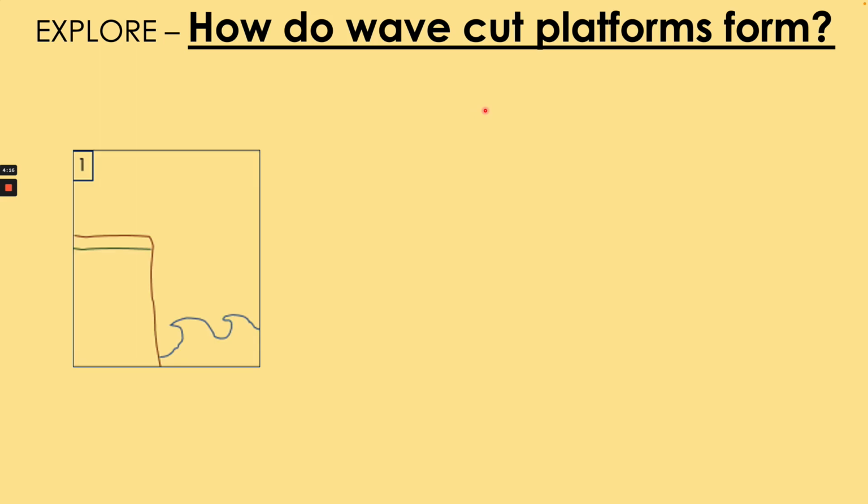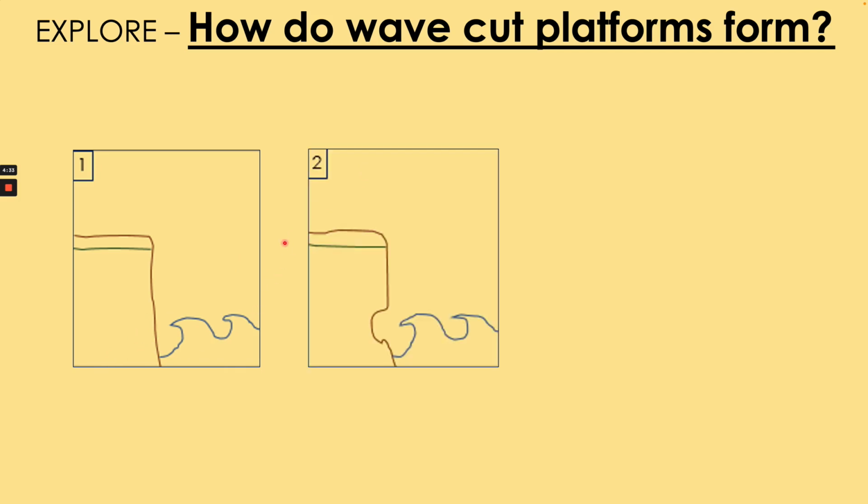Well, the side of the headland, shown here, is eroded at its base by the waves through hydraulic action and abrasion. This creates, over time, an indentation in the cliff called the wave-cut notch, and that extends across the cliff.